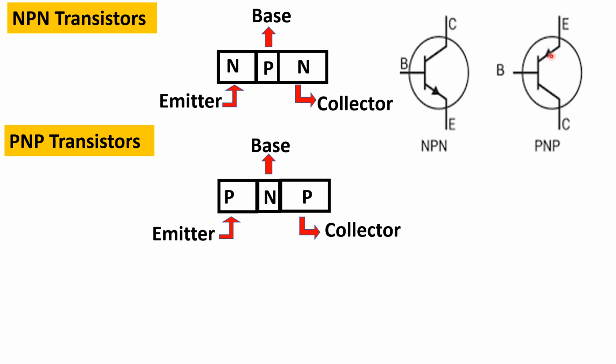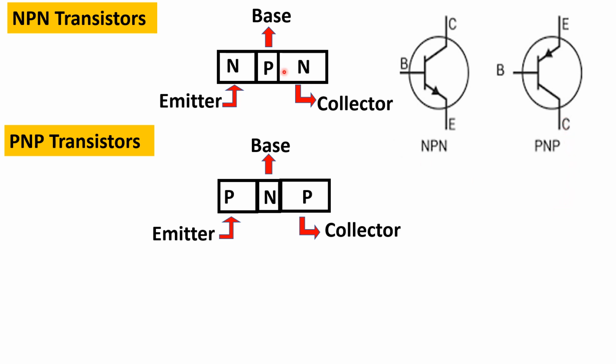So the arrow is going inside and passes through the emitter-collector junction until it goes straight to the collector.